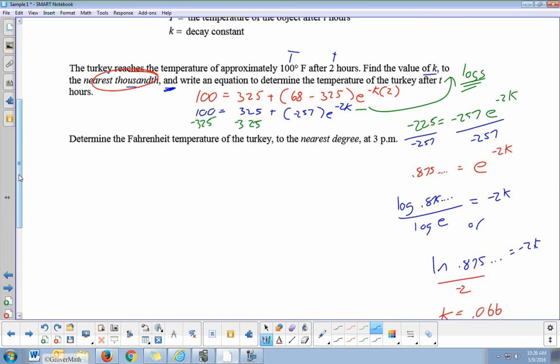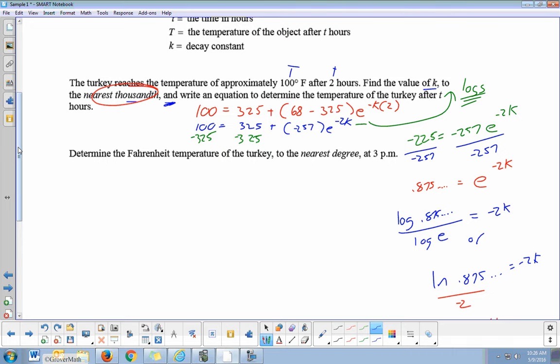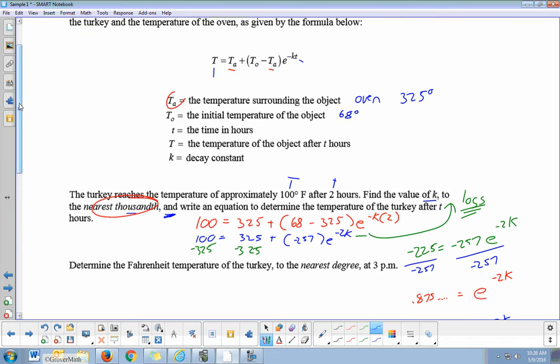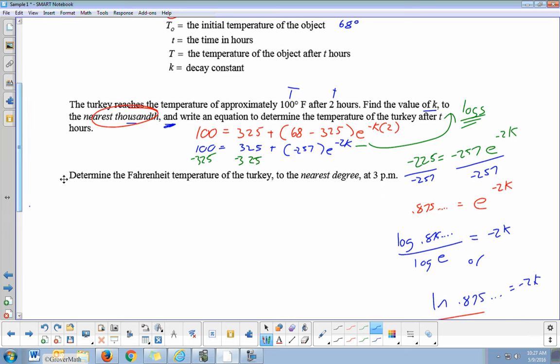Basically, what they want us to do now is write an equation like this up here, but now that we know k, to write an equation that we can use for another question, which they're going to ask down here. So that equation would be the temperature of an object equals 325.